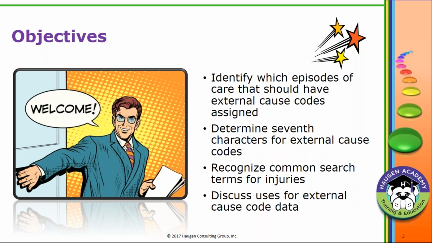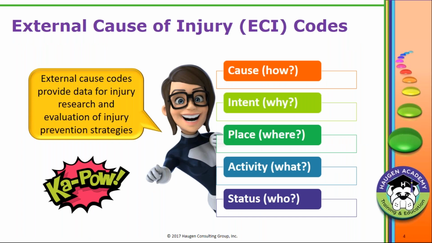There were a lot of external cause codes in ICD-9. There are 5 times as many in ICD-10, and that can look pretty intimidating. We are also going to talk about some of the uses for external cause code data, that if you think about how this data is being used, I think it can kind of help you in your code assignment.